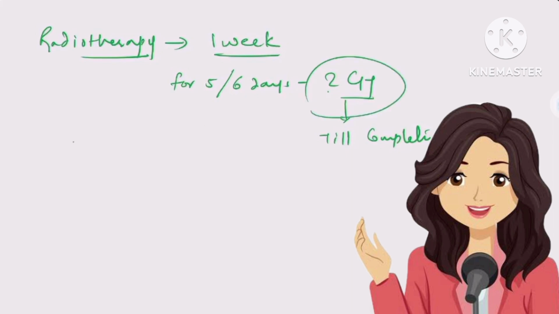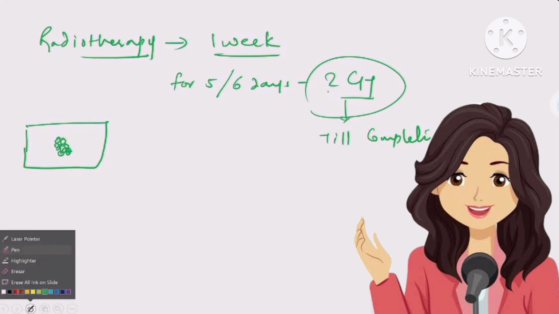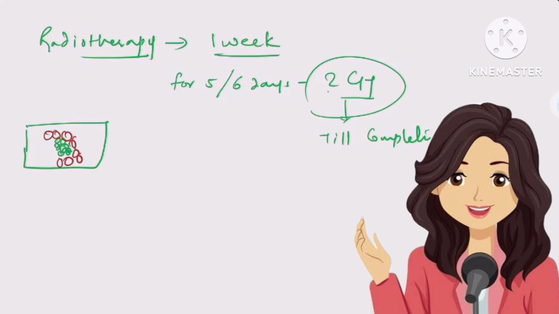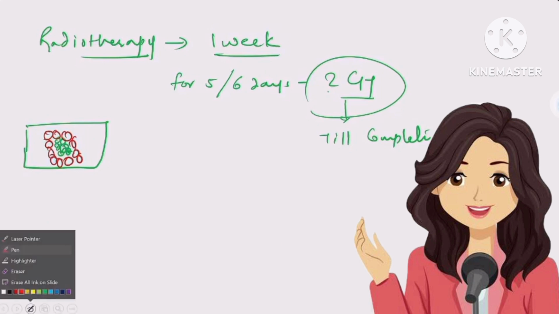Why are we fractionizing? Because what happens is, if there is a tumor, okay, consider this is a cell. This is a tumor, tumor cells, and these are the normal cells. When you give radiotherapy in this area, there are some cells which are getting damaged by this radiotherapy.